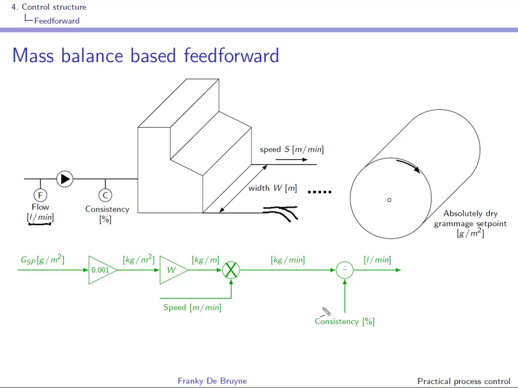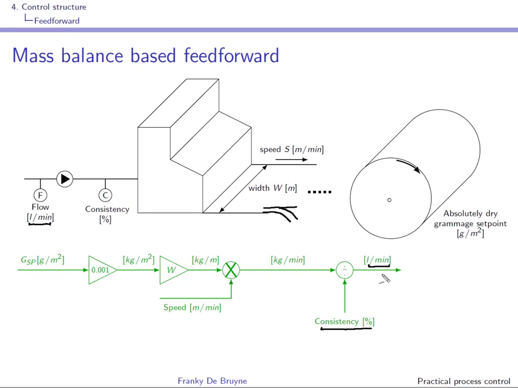And without going too much into the details, what you have then to do is to take the consistency into account to produce the stock flow. You can kind of see that if the consistency of the stock is low, well, you will have to have more stock to make sure that you reach this amount here expressed in kilos per minute.